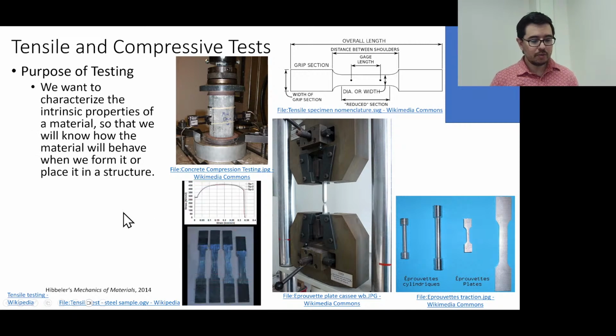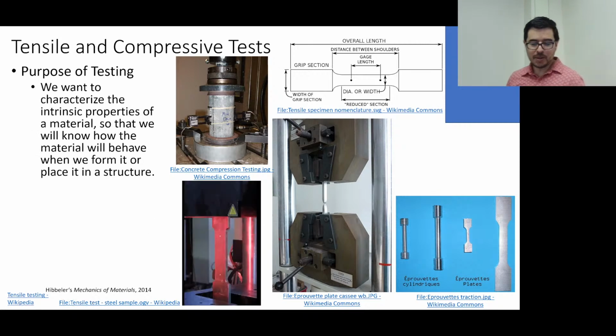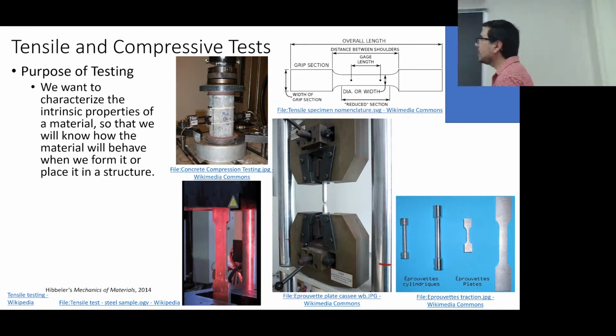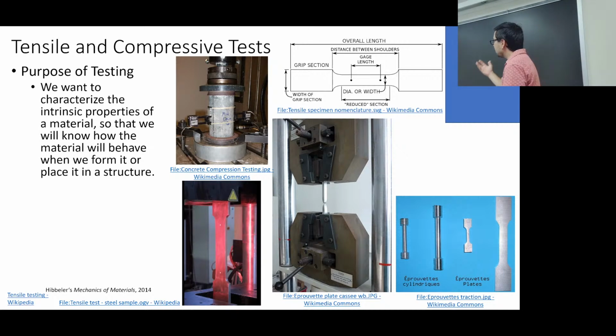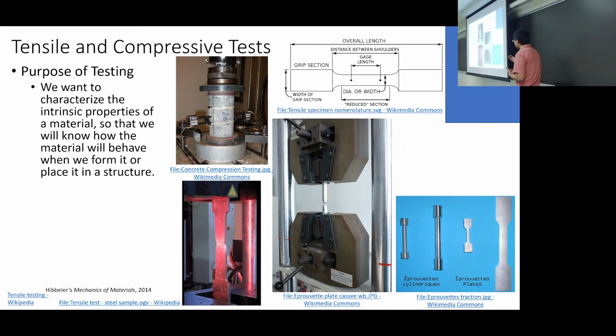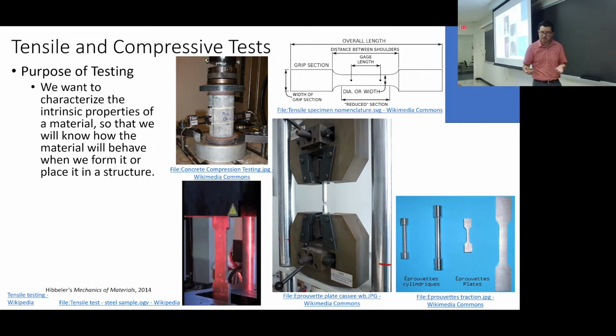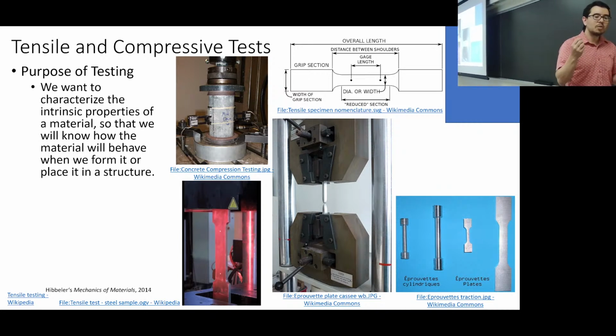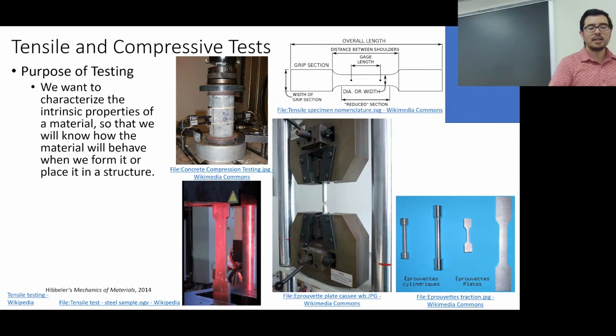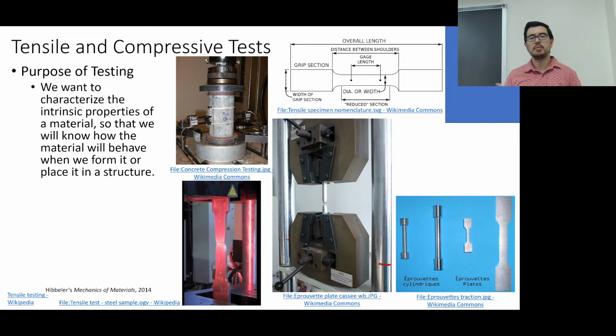So the purpose here is to put a sample of given dimensions, like these, and with these test specimens, we're going to figure out what the intrinsic material properties are.